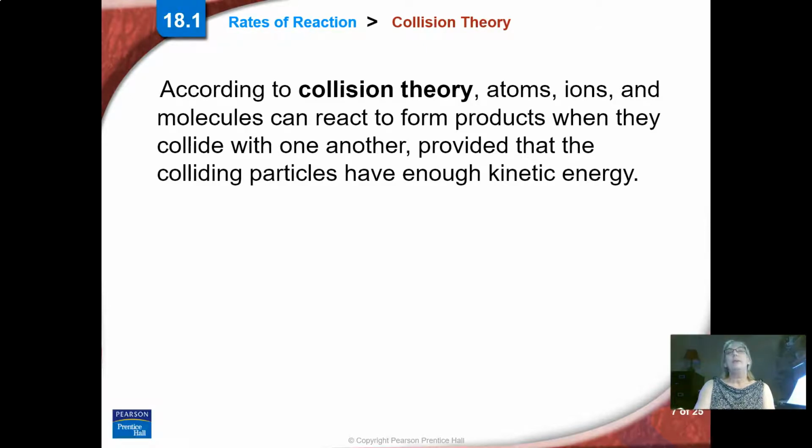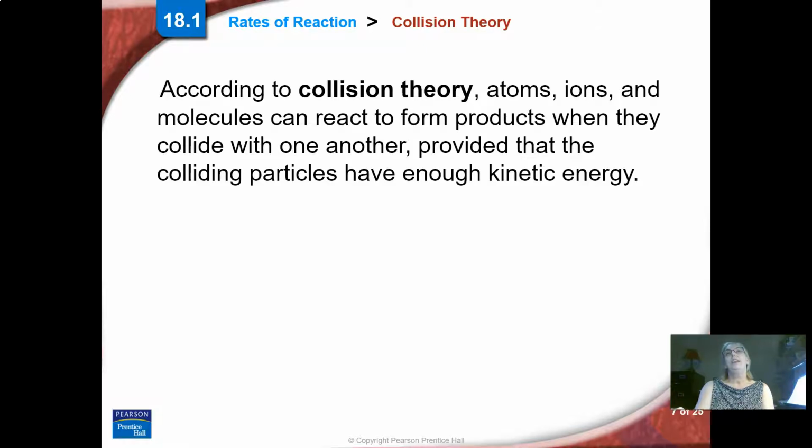We'll talk about that in a sec, but the way we have reactants changing into products is because of collisions. If atoms or ions or molecules have enough kinetic energy, they can collide with other species, and then they can form into a product.